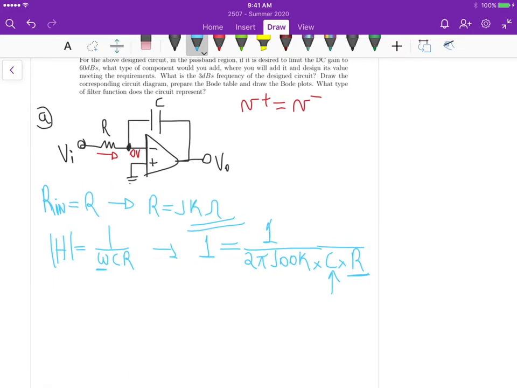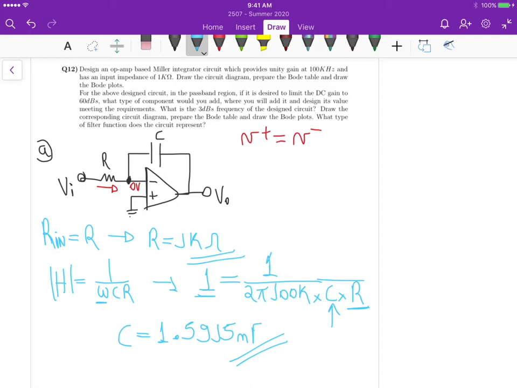Manipulating this equation, this gives a capacitance of 1.5915 nanofarad. So for part A, we have designed the Miller integrator.